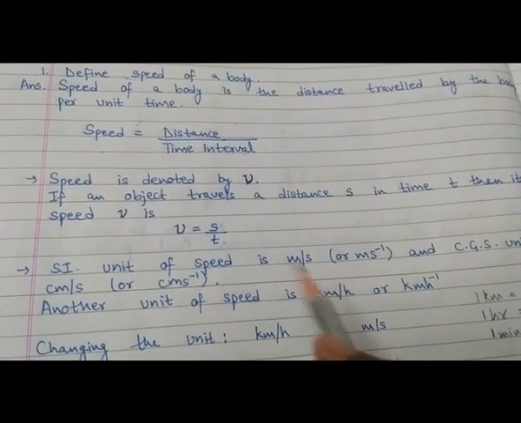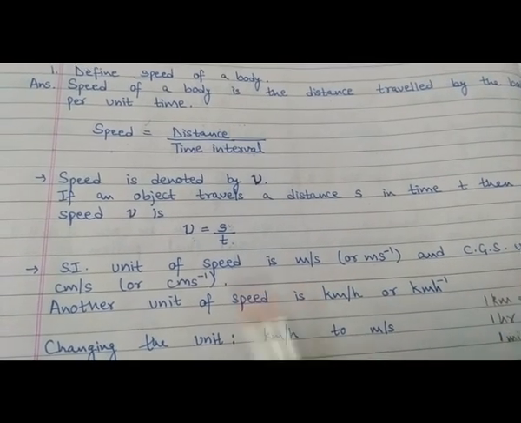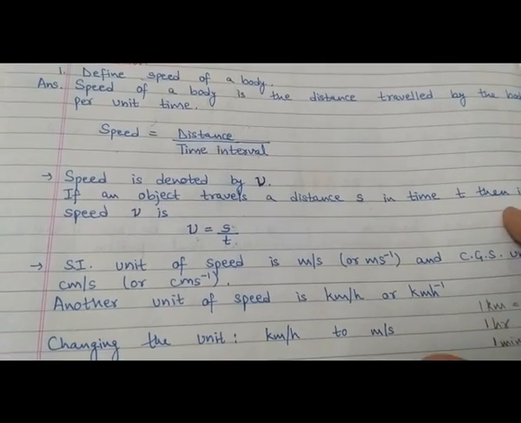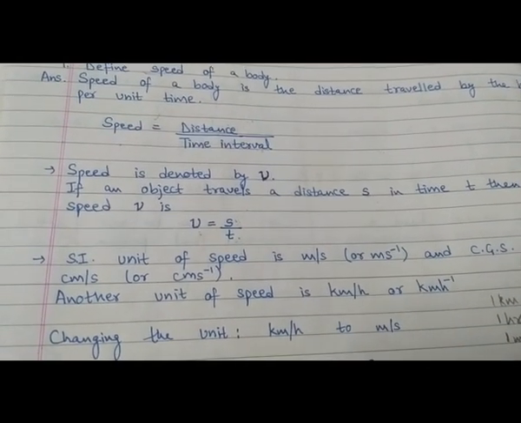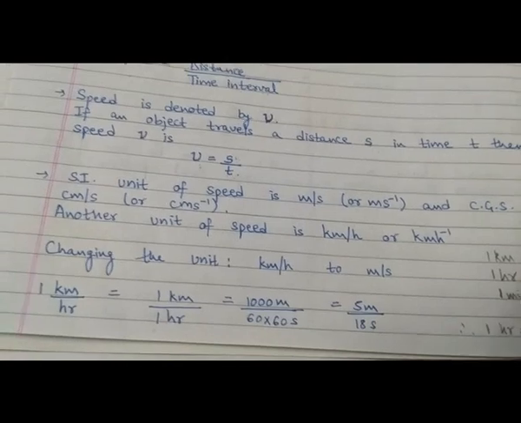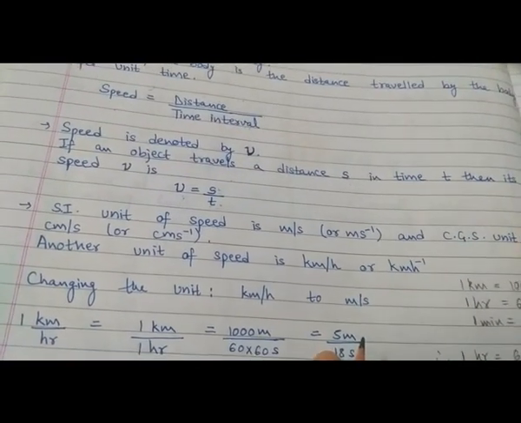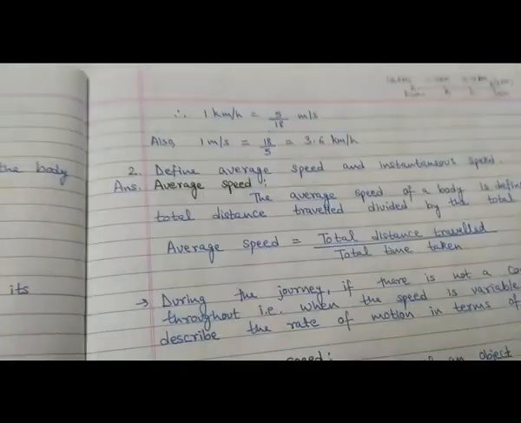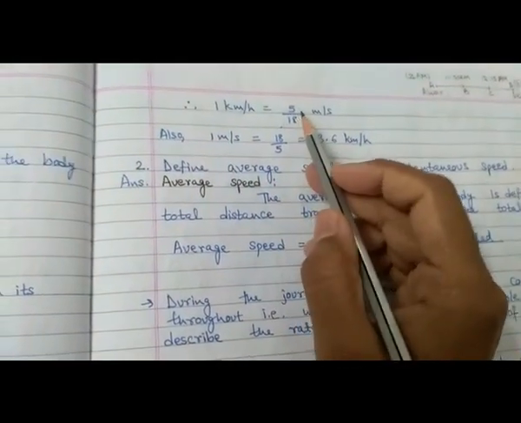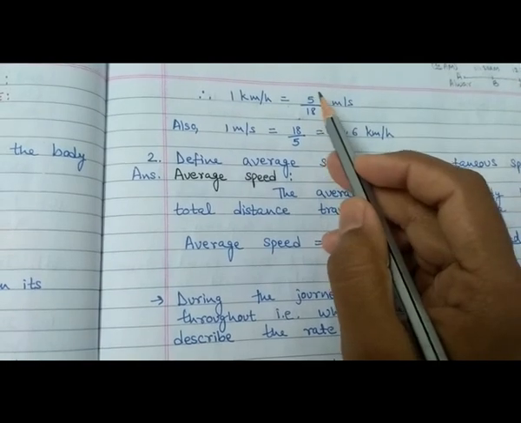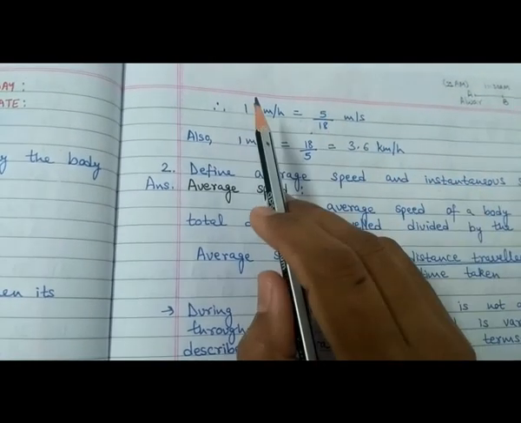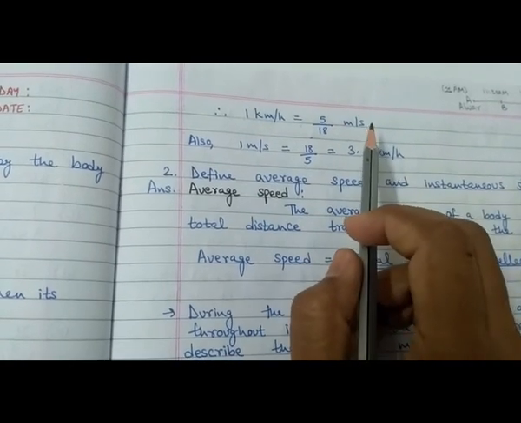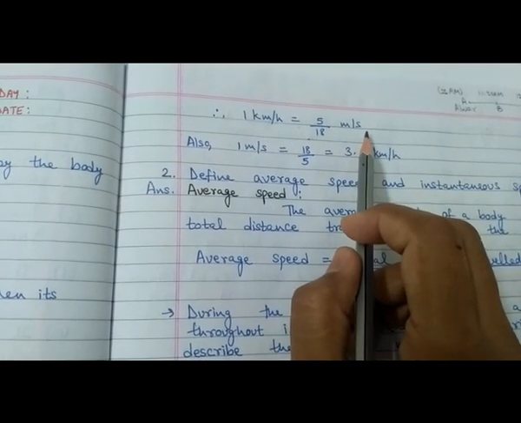The SI unit of speed is meter per second and the CGS unit is centimeter per second. Another unit of speed is kilometer per hour. This was the way I told you to convert kilometer per hour to meter per second, or we can directly multiply by 5 by 18 if we need to convert kilometer per hour into meter per second.